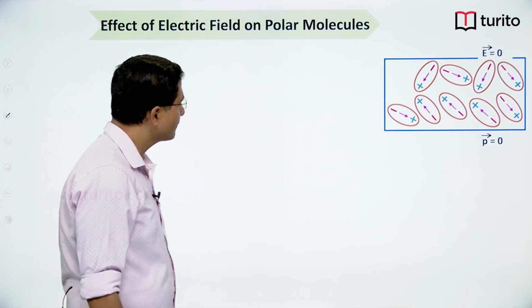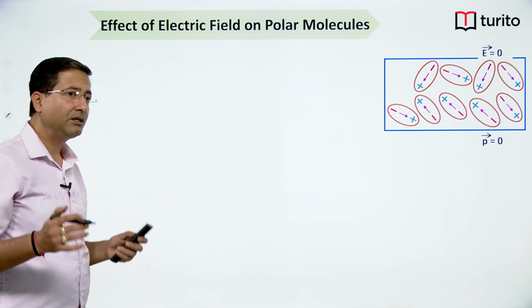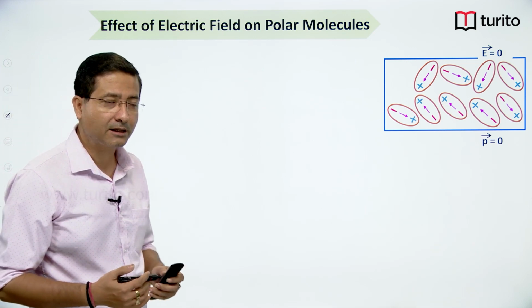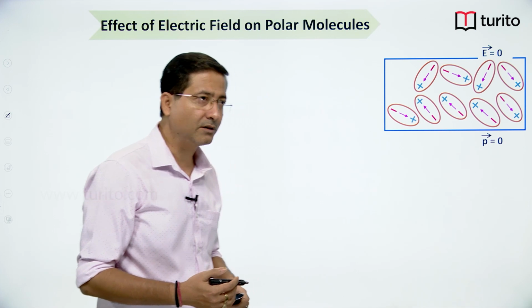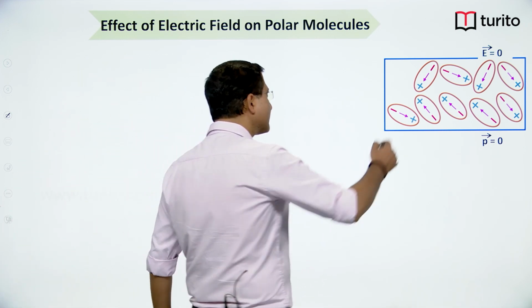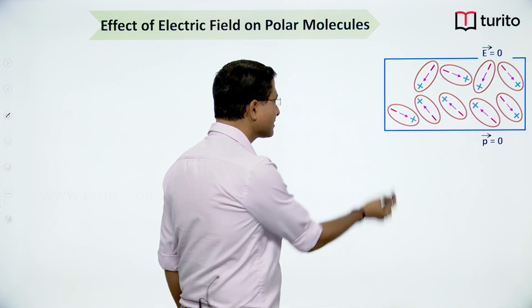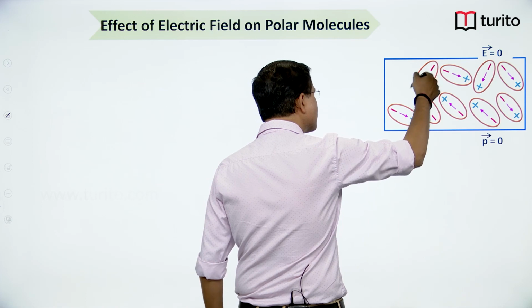Then comes what happens when these materials are subjected to external electric field. In the absence of electric field, what happens? These all dipoles will be randomly aligned. As you can see that this is this way and this is this way and this is this way, right.